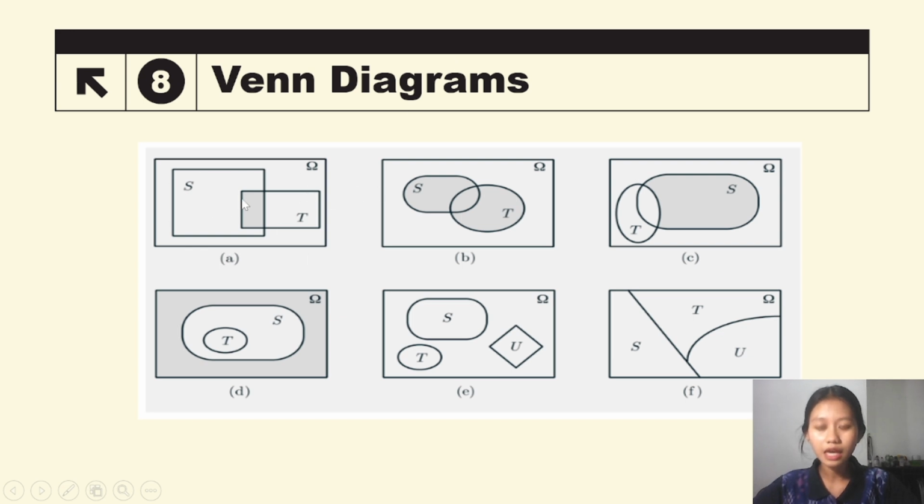In this picture, A is S ∩ T, B is S ∪ T, and C is S ∩ Tᶜ. D means T ⊂ S, and in E, the sets S, T, and U are disjoint. And in F, the sets S, T, and U form a partition of the universal set.